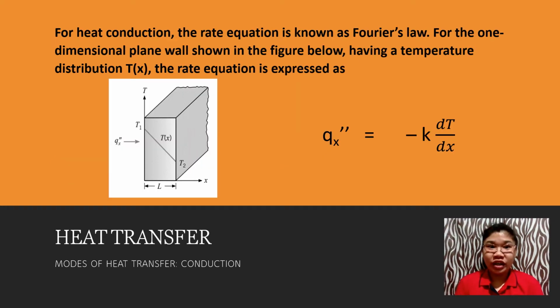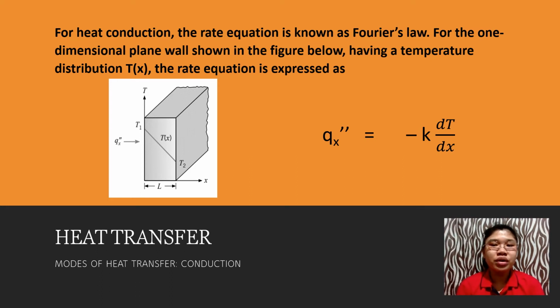We have here the formula. It is possible to quantify heat transfer processes in terms of appropriate formulas or rate equations. These equations may be used to compute the amount of heat transfer, or energy being transferred per unit time. For heat conduction, the rate equation is known as Fourier's law.